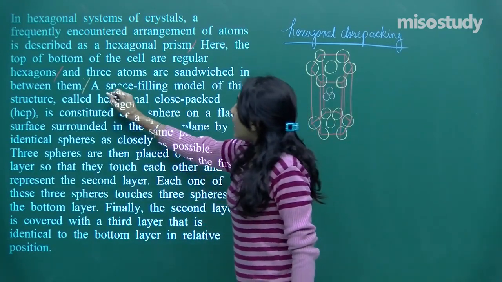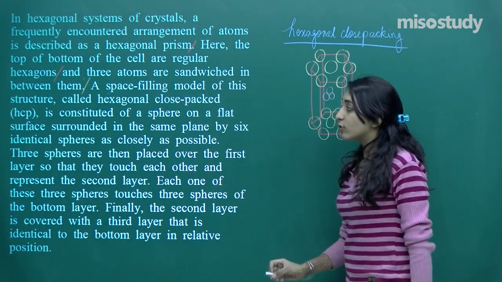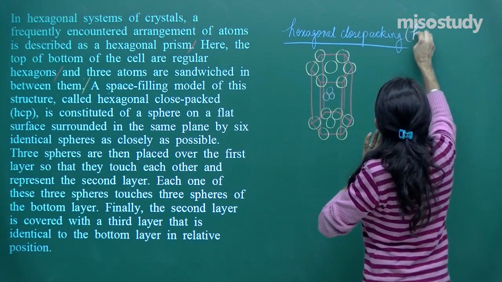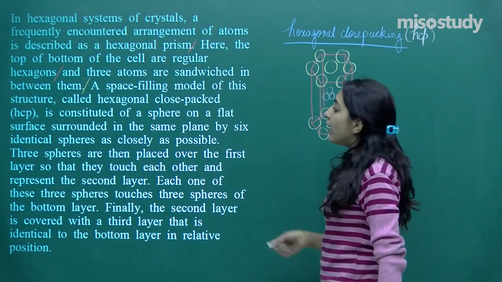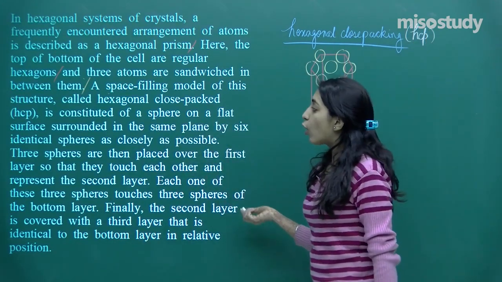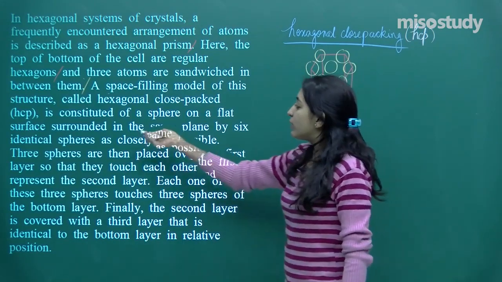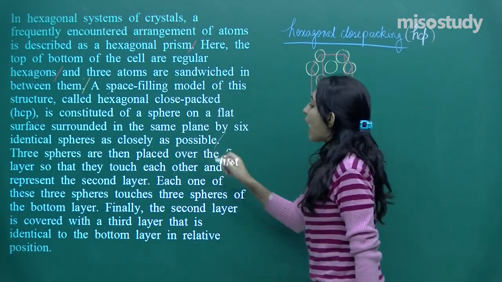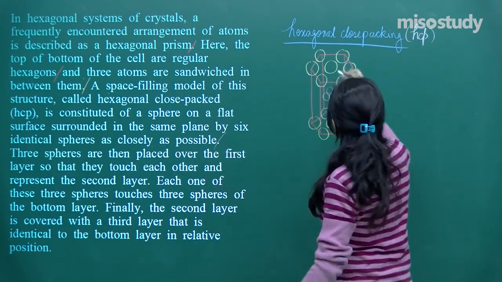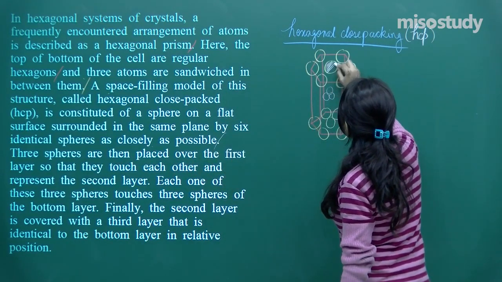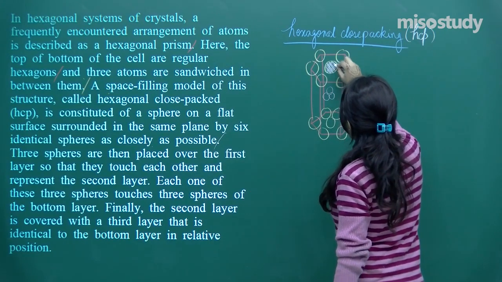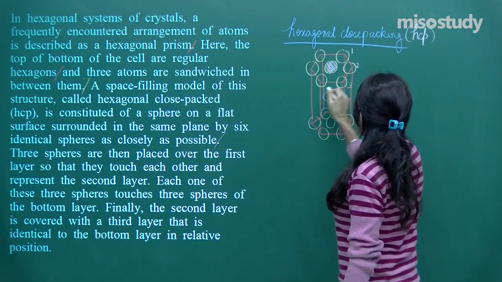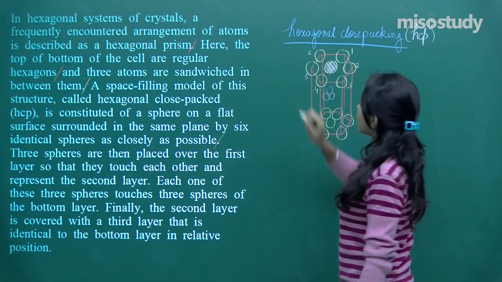Okay. A space filling model of this structure, which is also called hexagonal close packing, which is HCP, is constituted of a sphere on the flat surface which is surrounded in the same plane by 6 identical spheres as closely as possible. So see, he is saying there is one sphere in the center which is surrounded by 6 spheres, 1, 2, 3, 4, 5, 6 in the same plane.